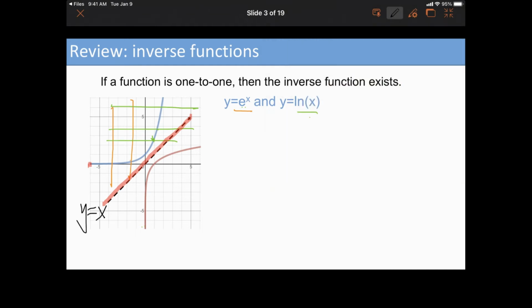The slope is 1, the intercept is 0. You would get this. That's a nice reflection over it, right? So for inverse functions, remember, we're looking for the angle, and for inverses, it needs to be 1 to 1. So it reflects over this line.